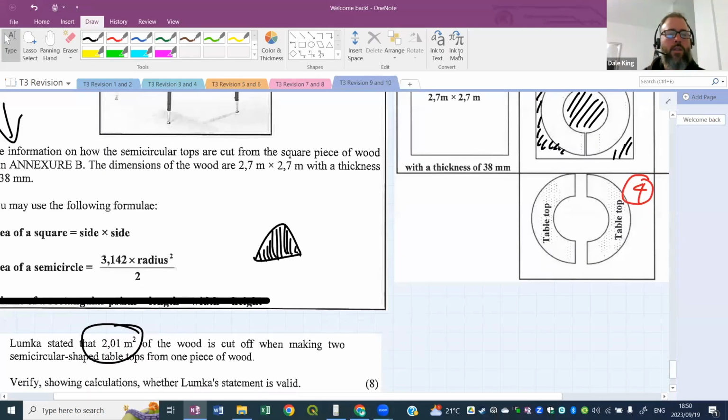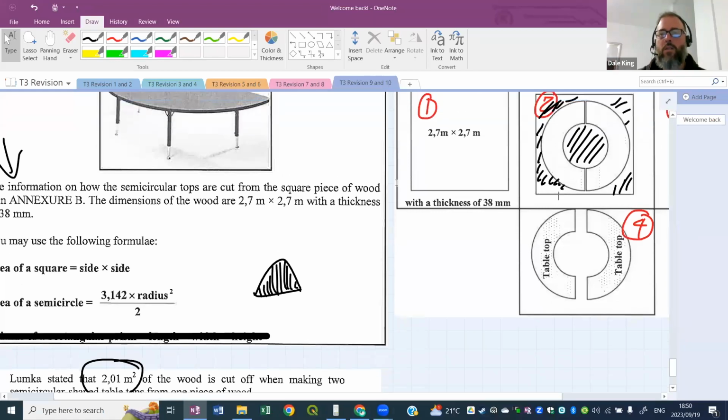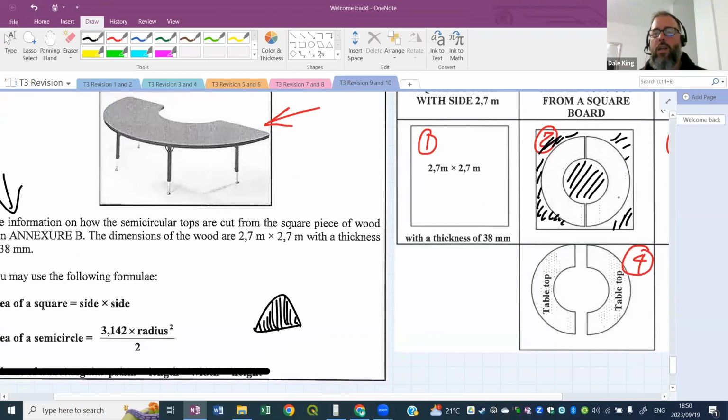They say Lumka stated that 2,01 square meters of the wood is cut off when making these tabletops from 1 piece of wood. Show if this is correct. So what we need to do is work out this shaded part that I've shaded here. What is its area? Guys, what do I do?